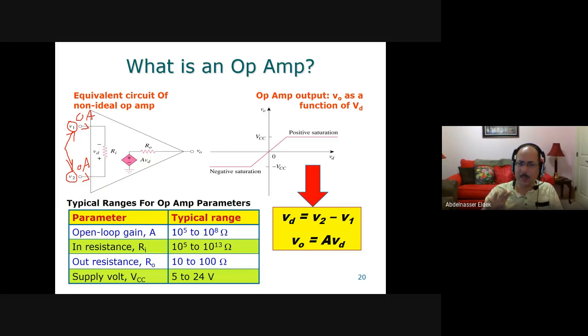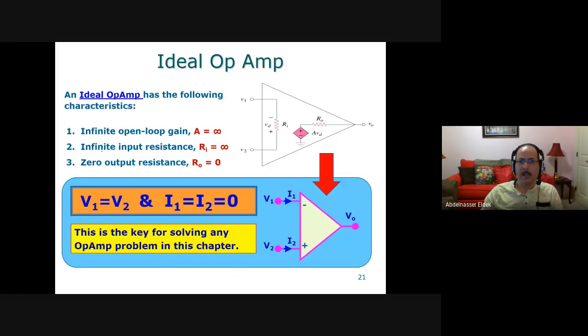Once you do that, you forget about the operational amplifier and you solve the problem as any regular problem. So again, this is the ideal operational amplifier. All you need to remember is that I1 and I2 are 0, and V1 and V2 are the same voltage. That's it. Very simple.